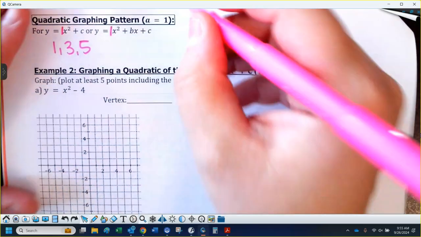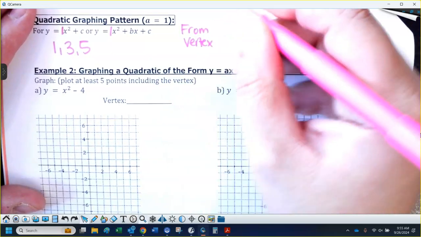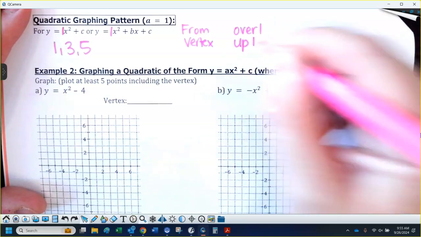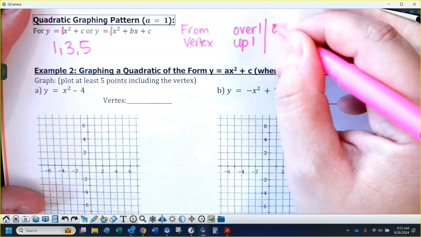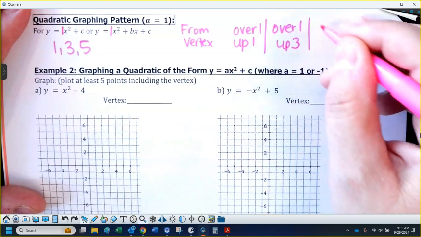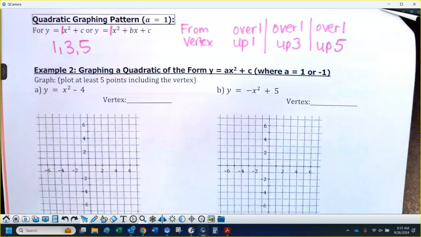Now, the way it works, you start from the vertex, and then you go over 1 and up 1. Then you would go over 1, up 3, and then you would go over 1, up 5.